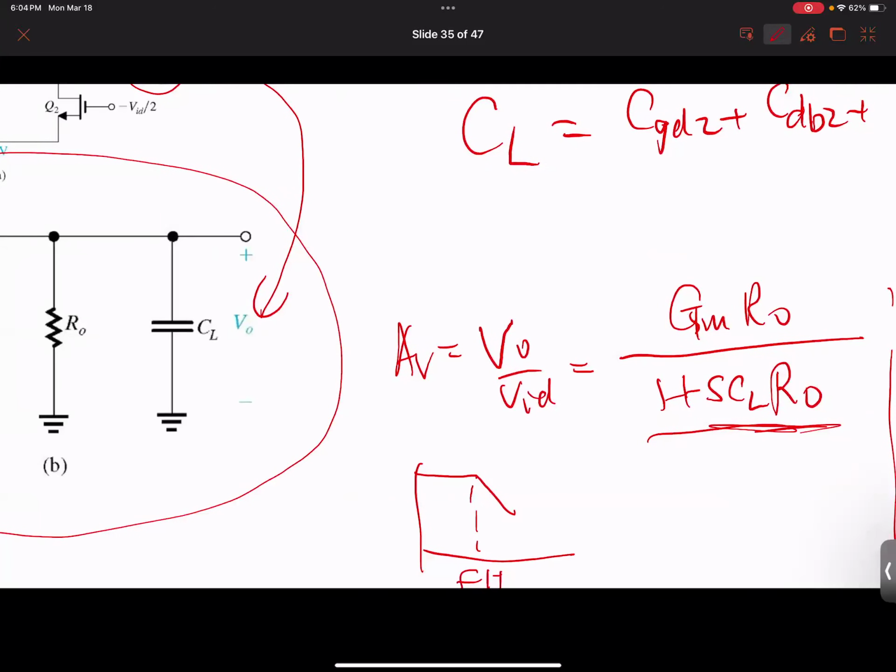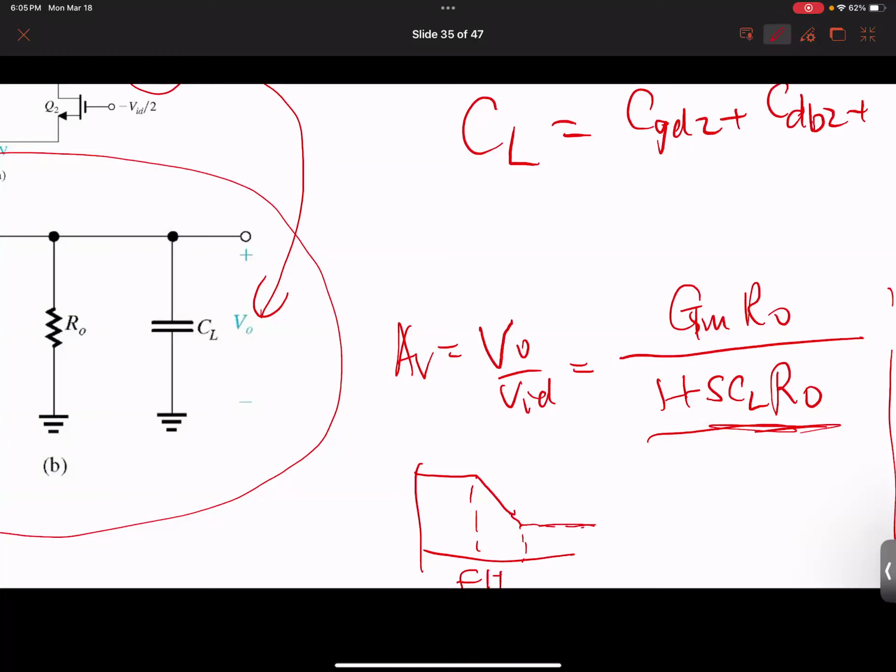But if you plug in the CM, this is a set of derivations that is quite complicated, and I don't think we're going to have time to go through that. But the idea is that you get a zero. And when you get a zero, the zero and pole would cancel. When you have a pole, the gain starts to decrease. When you have a zero, it cancels the pole, so it becomes flat.